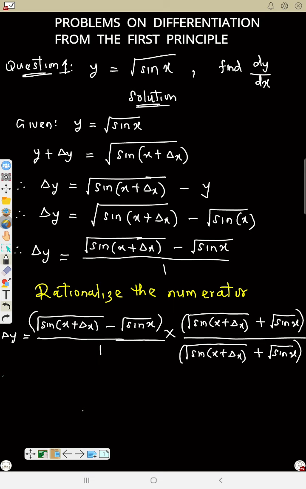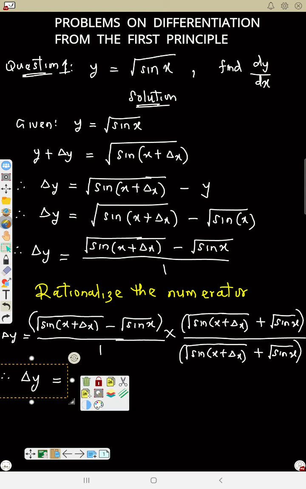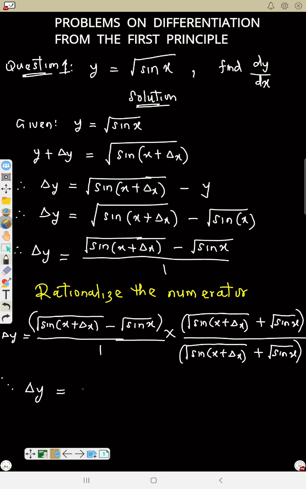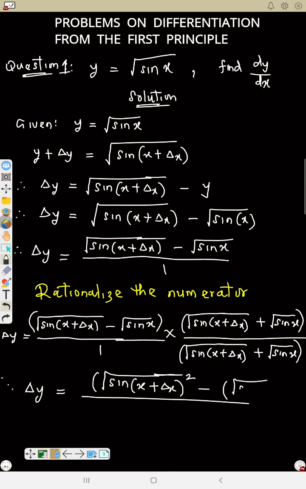So that means I will have delta y is equal to square root of sine of x plus delta x, squared, minus square root of sine x, squared.